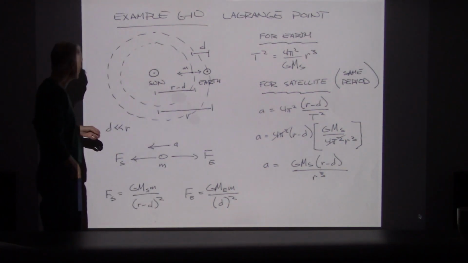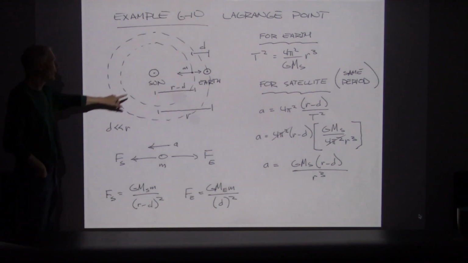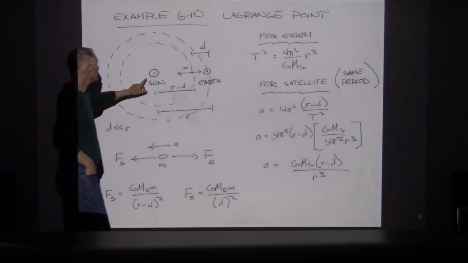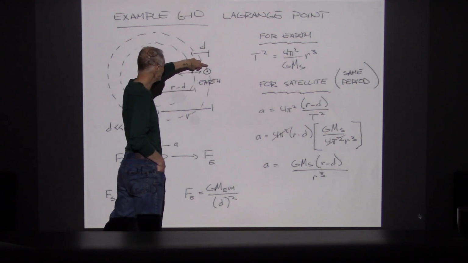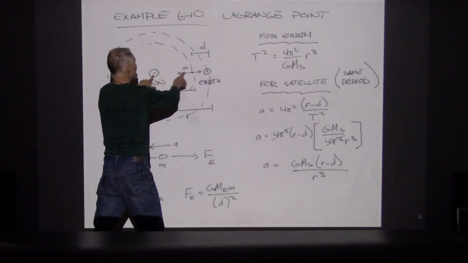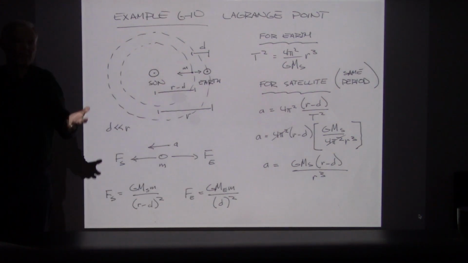So the first thing we should point out is we're going to assume for this problem that this distance from Earth should be pretty small compared with the distance between the sun and the Earth. We're going to call this distance d. That means the radius of this orbit for that satellite, or it could be a space station, right?